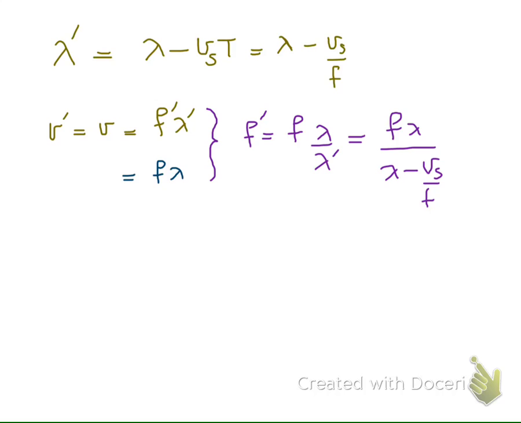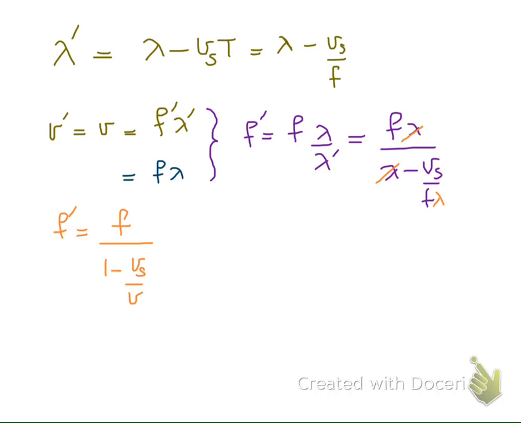From this equation you can see that we can cancel lambda, and what we have is that f prime is equal to f over 1 minus Vs over v.